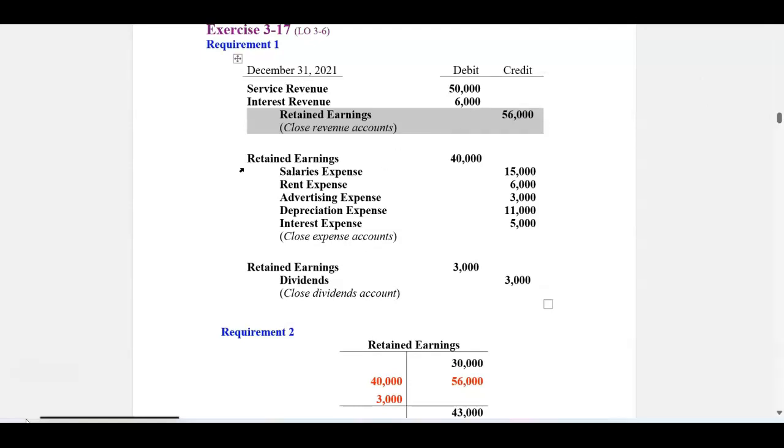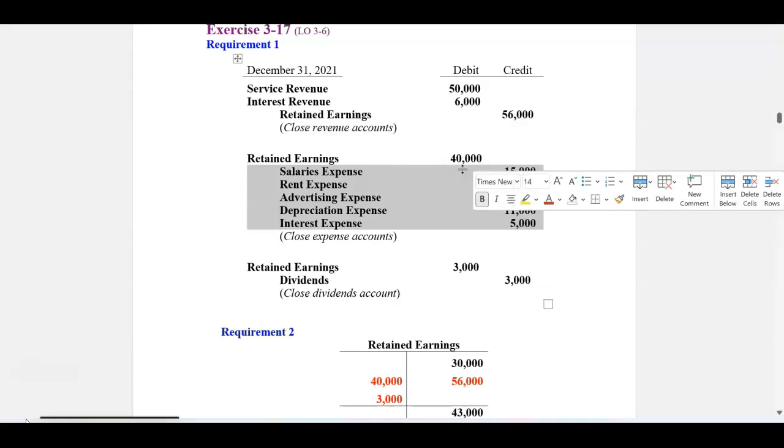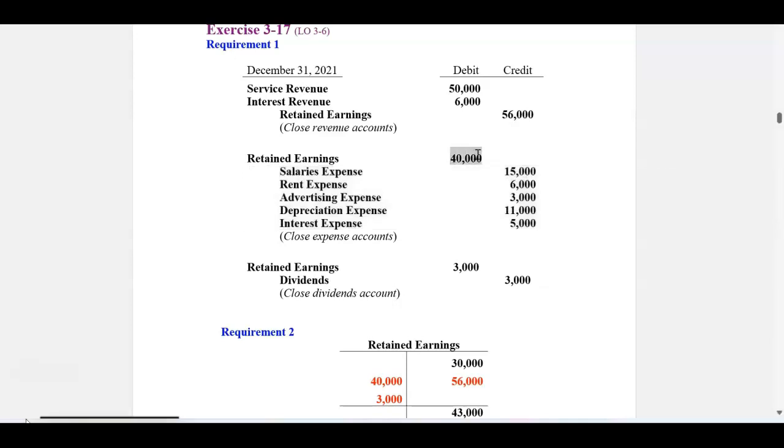Okay. The next thing, you close all your expenses. Expenses have a normal balance of debit, so obviously you do the opposite, which is credit at this point. Credit all your expenses first, add them up, and enter it as a debit here at the top into retained earnings.